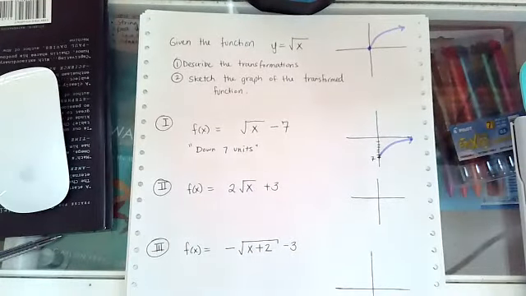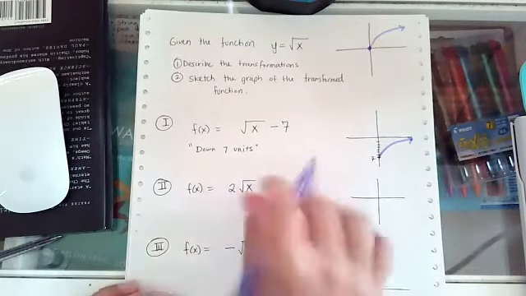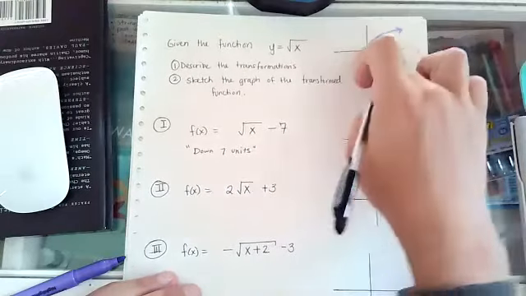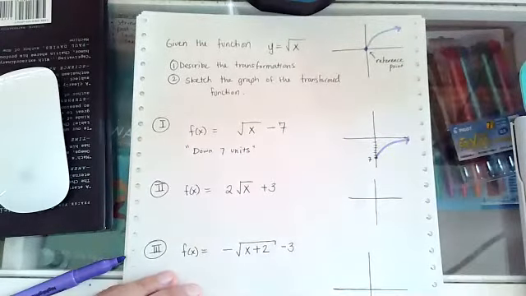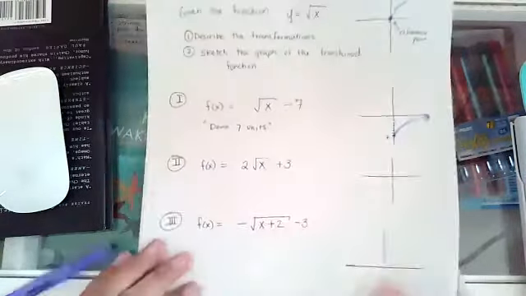We weren't flipped, we weren't stretched, we just shifted this original parent function and the reference point, this little reference point. We just shifted that down 7 units. Okay. Don't overthink that. Again, just a single transformation, shift it down 7 units.